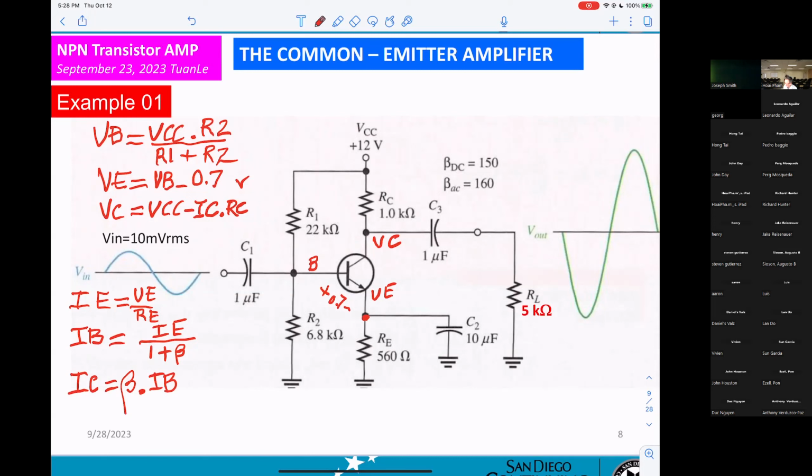And finally, I want you to tell me R prime E. What is the formula and what is the R prime E? R prime E will be equal to 25 millivolt divided by IE.